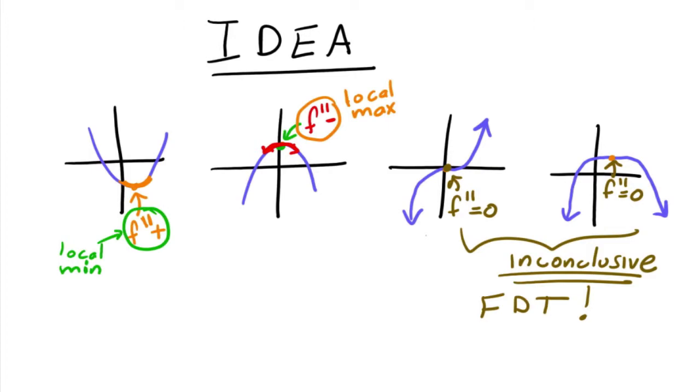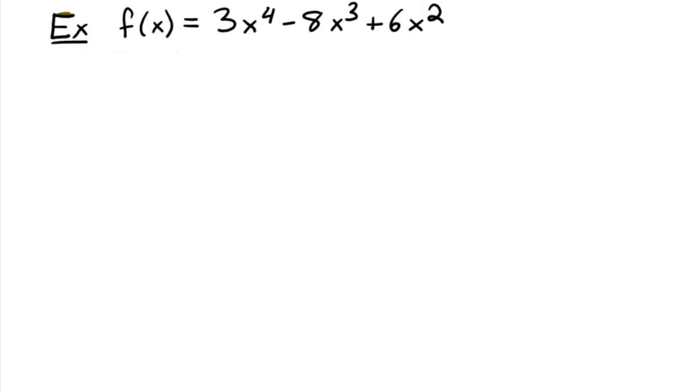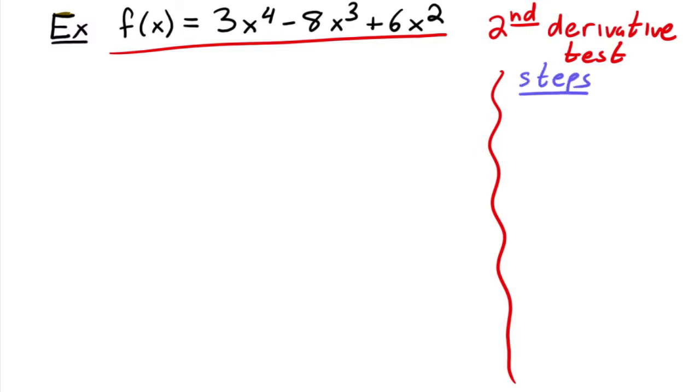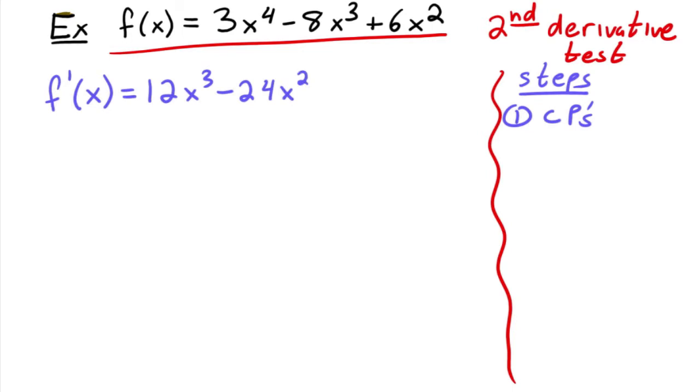So let's do an example. Let's do the second derivative test to find the local maximums and minimums for this function. The steps are, we start off the same way. We're going to find the critical points. So we find the first derivative, which is 12x to the third minus 24x squared plus 12x.